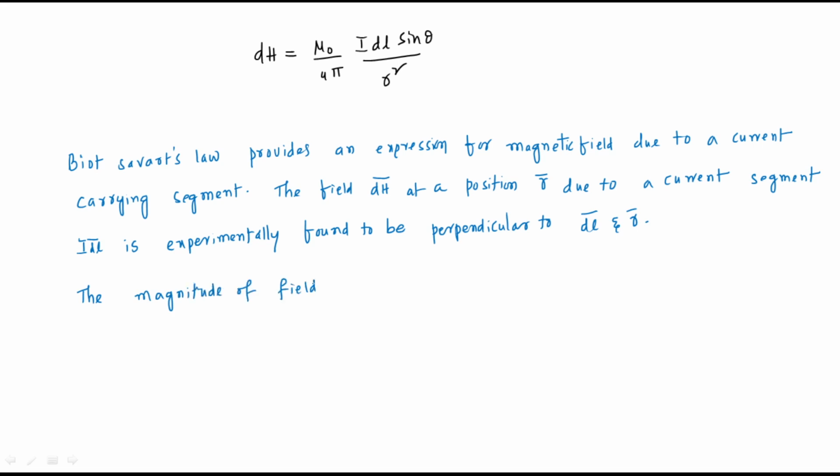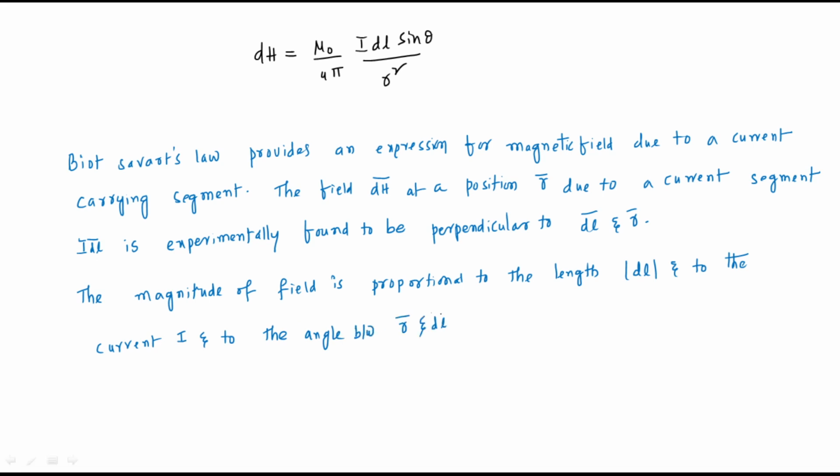The magnitude of the field is proportional to the length dl, to the current I, and to the sine of the angle between r and dl, which is theta.